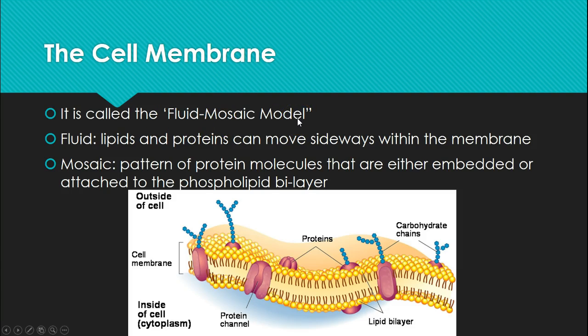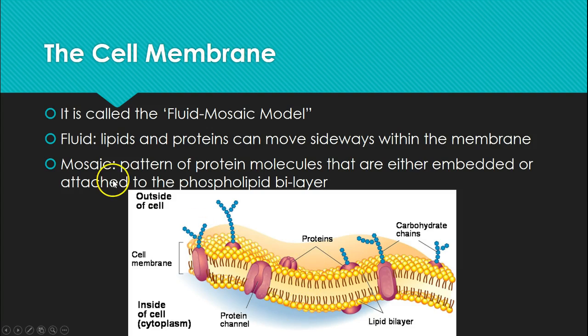The reason it's called that is, firstly, for the fluid part, the lipids and proteins that we see in the phospholipid bilayer can actually move sideways within the membrane. So they can move from here over to here, and this helps to make sure that we can control movement of materials into and out of a cell.